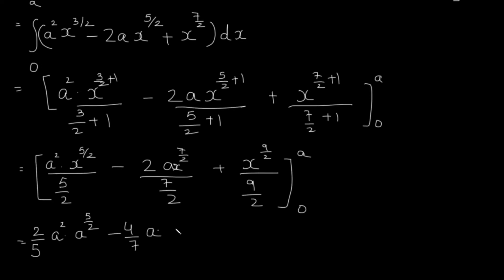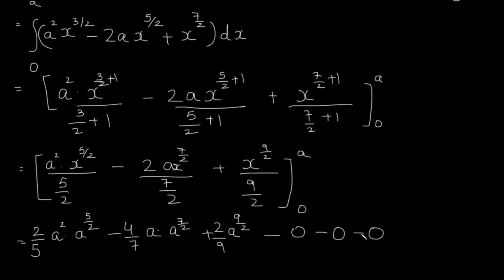So we get a into a raised to 7 by 2 by substituting the value of x as a. Okay, a raised to 7 by 2 plus, again instead of x we put a raised to 9 by 2, and this 9 by 2 in the denominator comes out as 2 upon 9 minus 0 in each case. Okay, minus 0 and again minus 0.